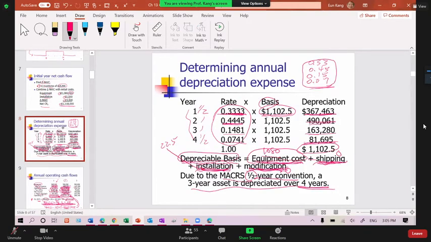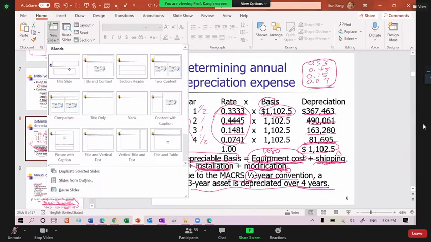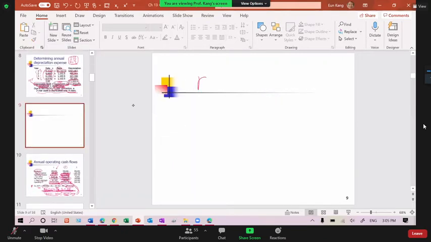Book value equals the depreciable basis minus depreciation.